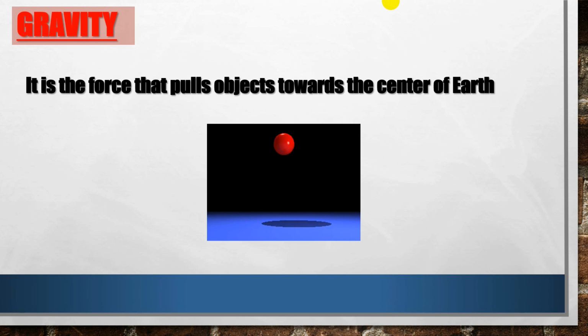So in space, there is no gravity, so you can fly. So the reason why this ball, for example, is attracted to the Earth and bounces to the ground, not staying in the air, is gravity. So gravity is the force that pulls objects toward the center of Earth, okay? So this pull attracts it to the center of Earth, that's why it bounces to the ground.